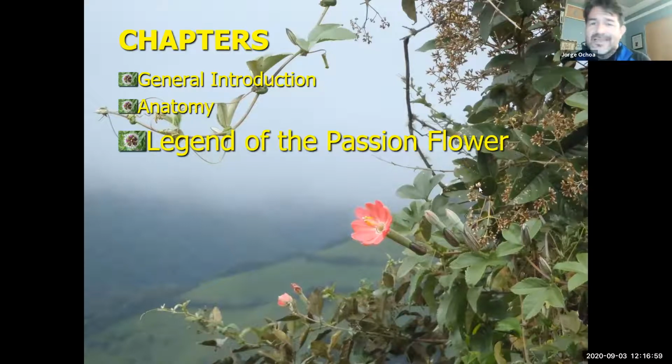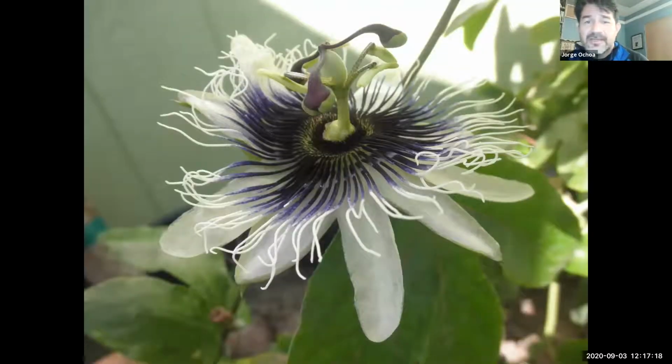It was an association that people made to the forms of the plant. In the same manner, when the Spanish missionaries were going through Central and South America, they saw the flower and associated it with the crucifixion of Christ. And so the different parts become symbolic. If we take this flower, for example, they saw that the three stigmas on top would represent the three nails that were used during the crucifixion.